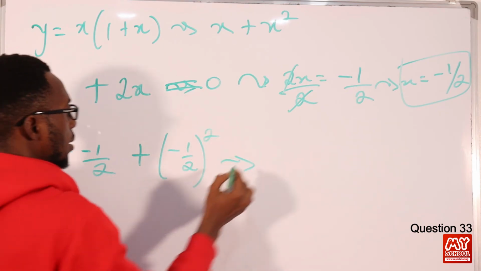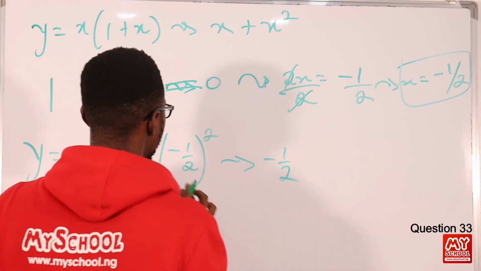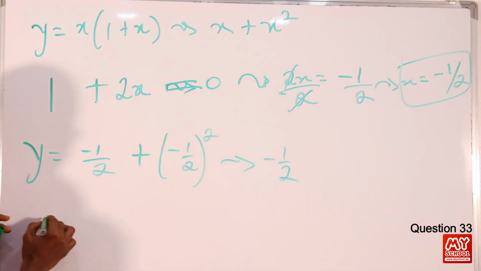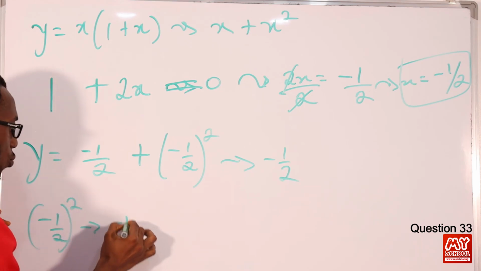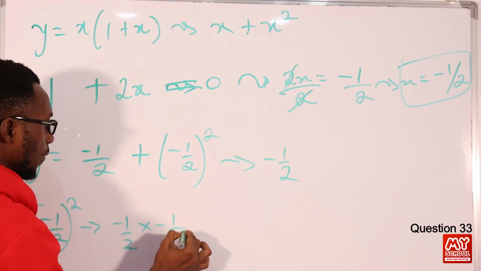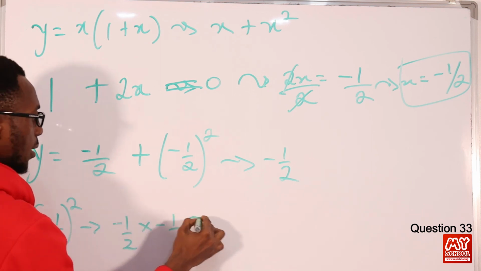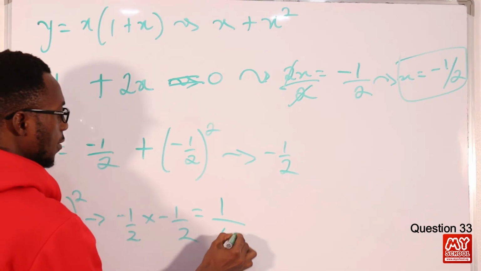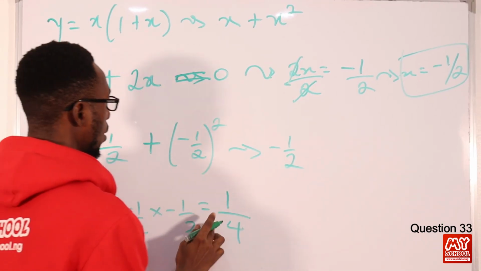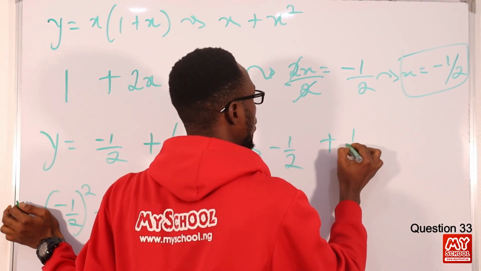That means minus 1 over 2 times minus 1 over 2. Minus times minus is actually plus. 1 times 1 is 1, over 2 times 2, that is 4. So this should give me plus 1 over 4.